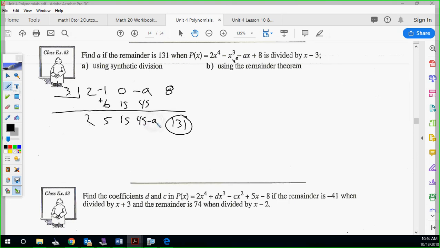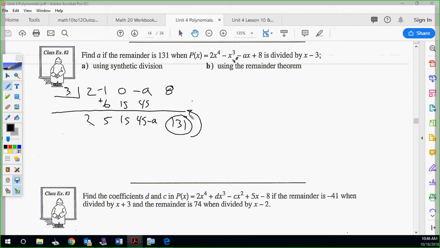So I'm asking you what would go here. Good. That's what's going to go there going this way. I'm asking you to go this way, though, Cassie. So we know that this value plus 8 has to be 131. So what does that value have to be? Right, 131 minus 8, which is 123.